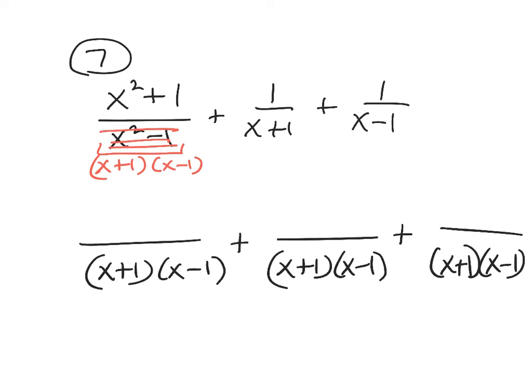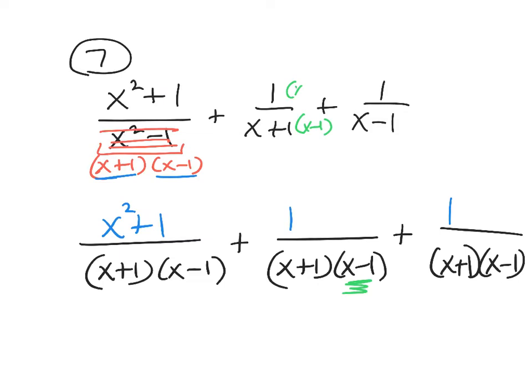So as you can see, the first fraction is good to go. It has everything it needs, so I'm just going to rewrite the same numerator. Let me put the original numerators here. Now, the second fraction, however, notice it's got the x plus 1, but it's missing the x minus 1.